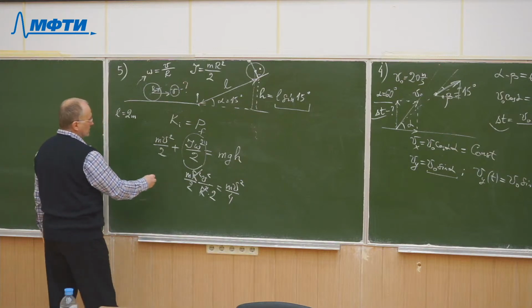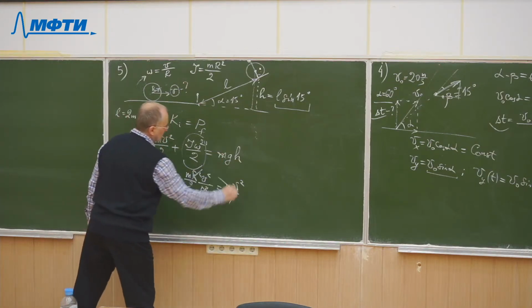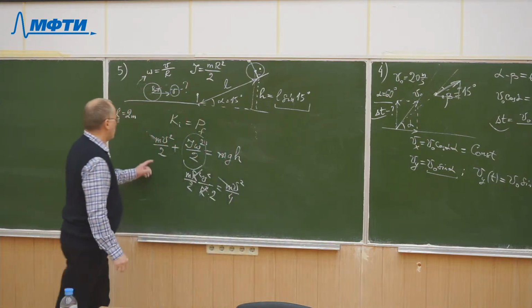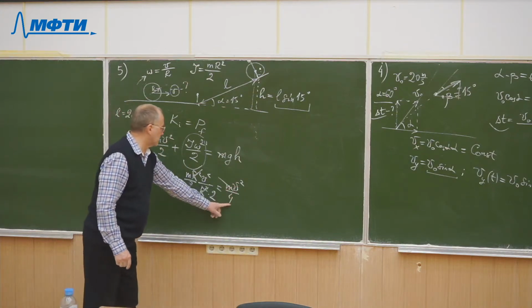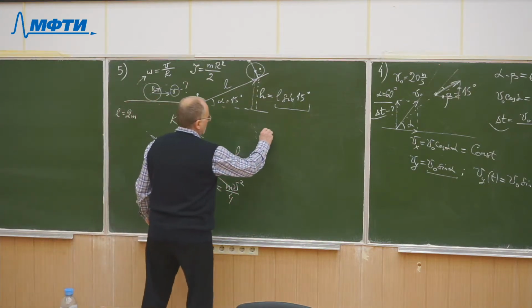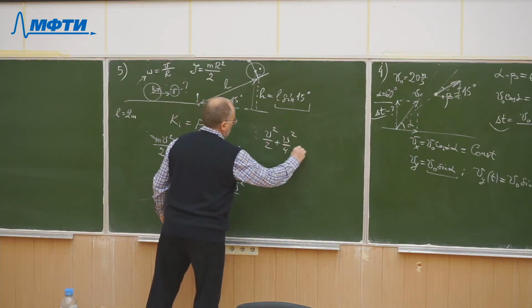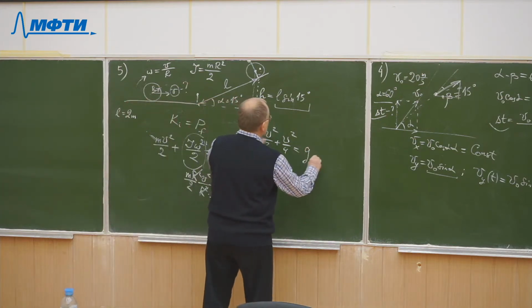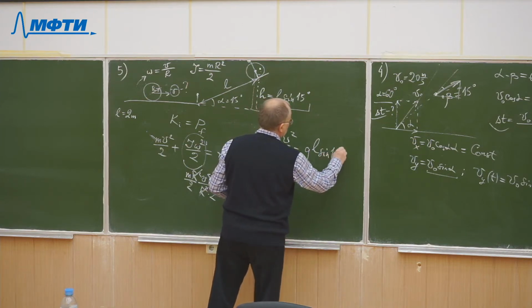And also in this equation, mass will cancel. Mass is here, and mass is here. And what we obtain finally will be v squared over 2 plus v squared over 4 equal to g h, and h is L sine alpha, sine of 15 degrees.